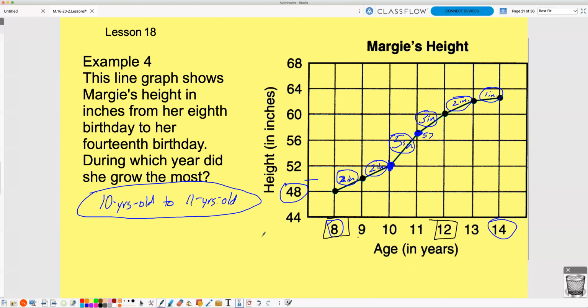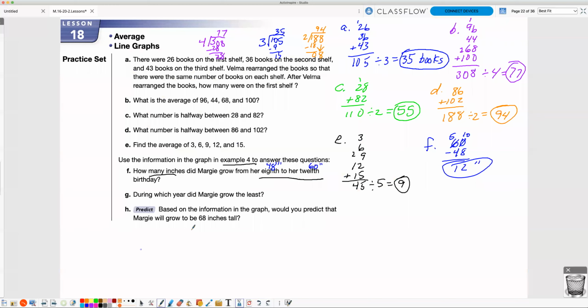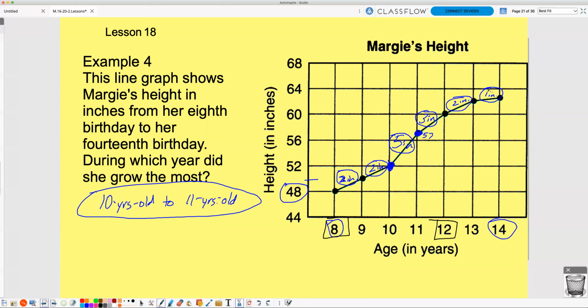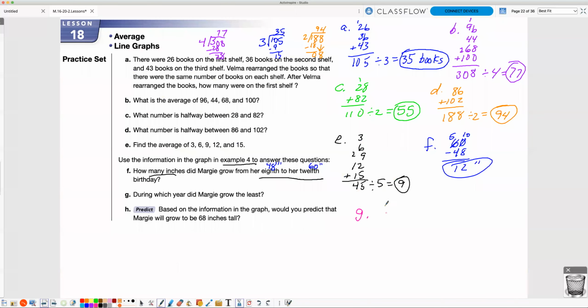Look at the age in years and then answer that for letter G. All right, you should have answered, let me double check it, the 1 inch time frame was from the age of 13 to 14. So she was 13 years old. That was the year.